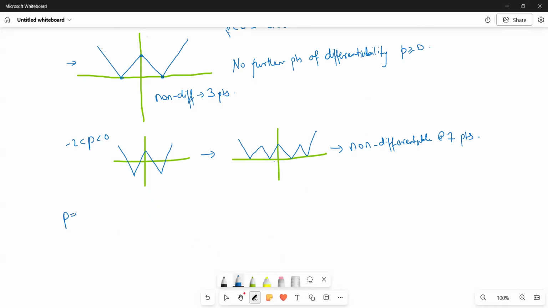Now, if p is equal to -2, what will happen? Then the graph would be something like this, which when we do the mod transformation will end up becoming something of this form. So 1, 2, 3, 4, 5. We'll have 5 points of non-differentiability.